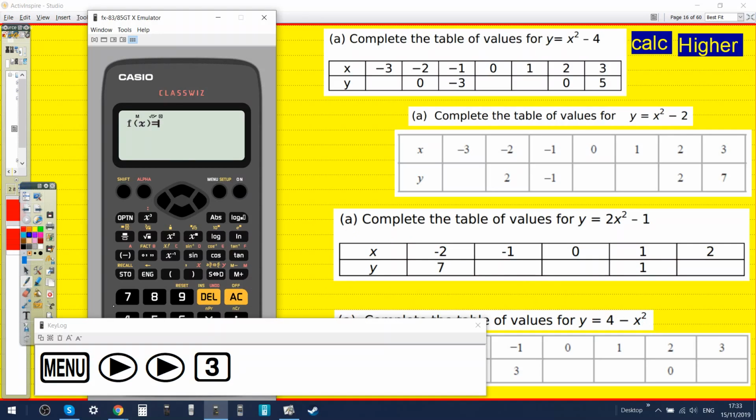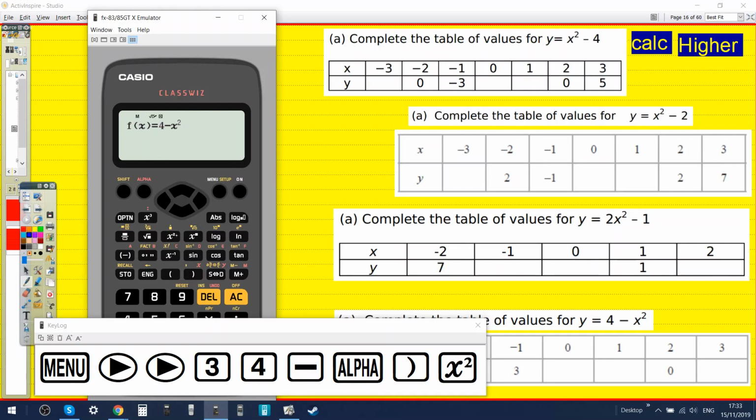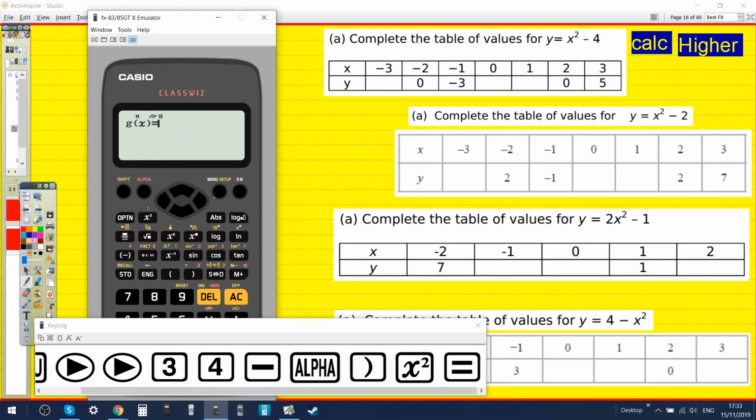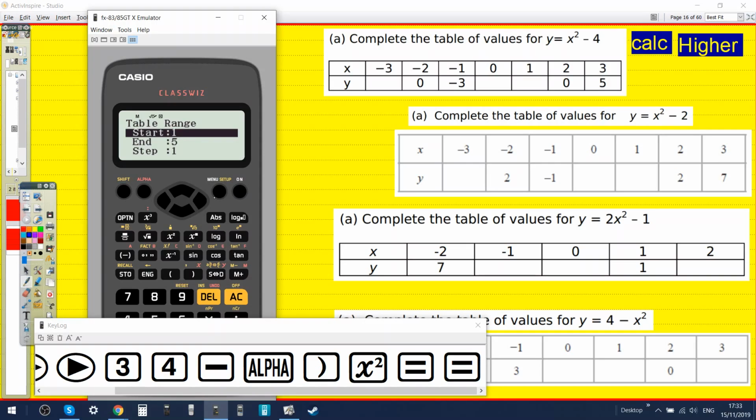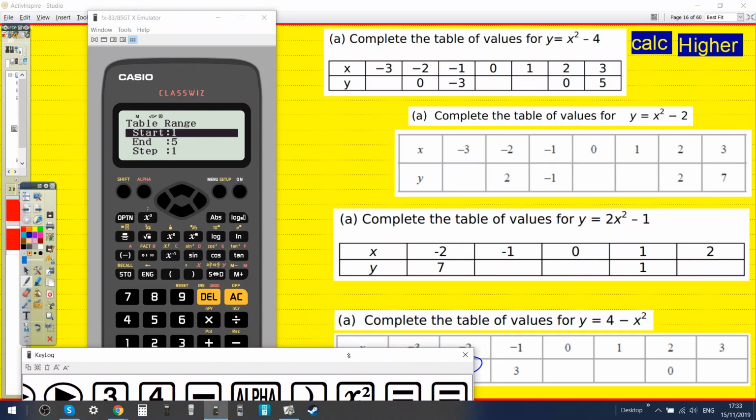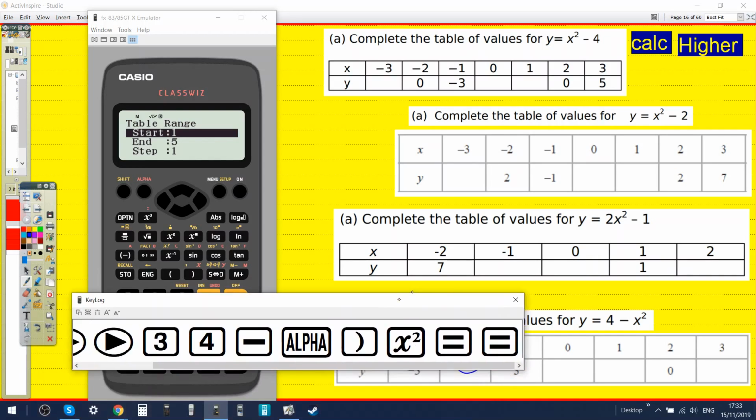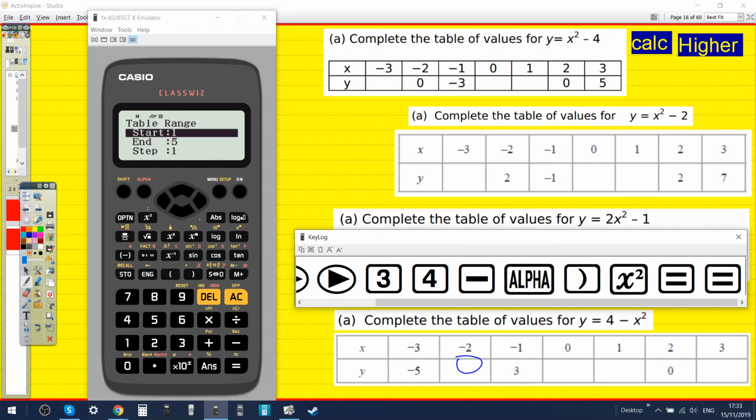So 4 minus x squared. 4 minus, and then alpha right bracket for x, and then squared. And leave that one blank. What's our range of values here? So we're starting at minus 3 and going to plus 3.